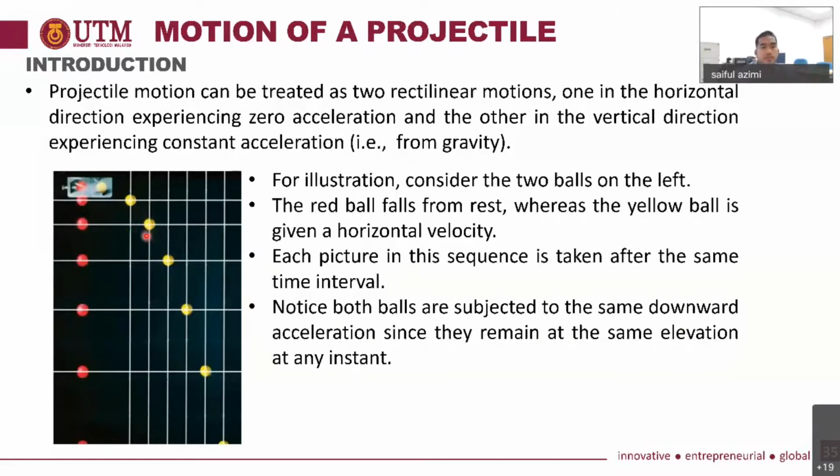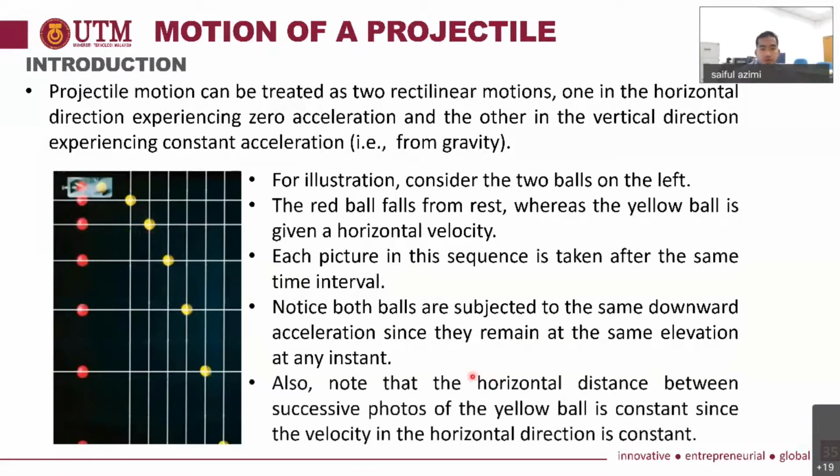Also note that the horizontal distance between successive photos of the yellow ball is constant, since the velocity in the horizontal direction is constant. Previously I told you it has a constant acceleration, because the position of the red and yellow ball is the same vertically with respect to time.